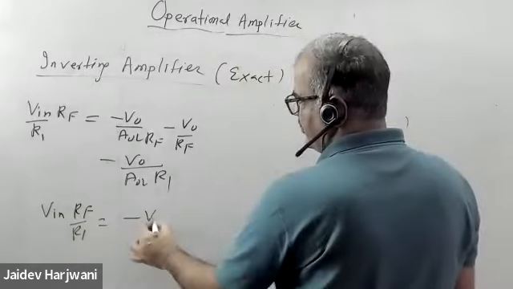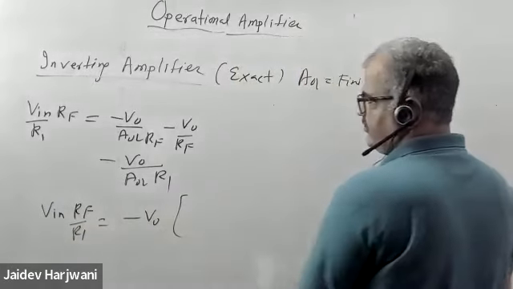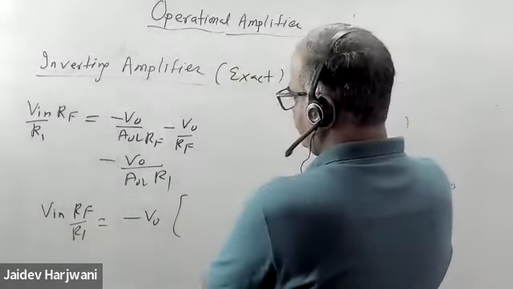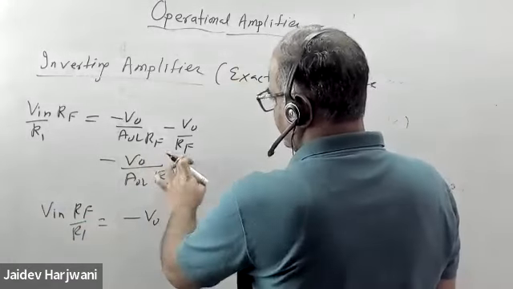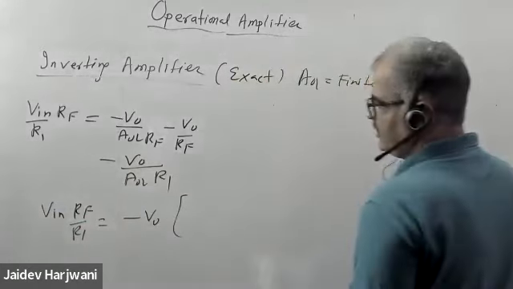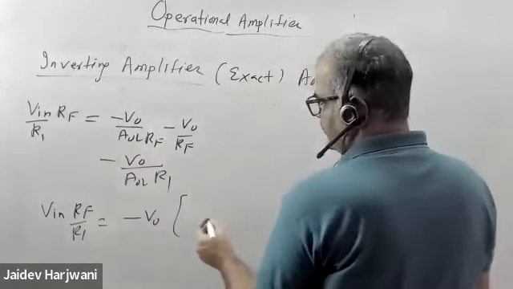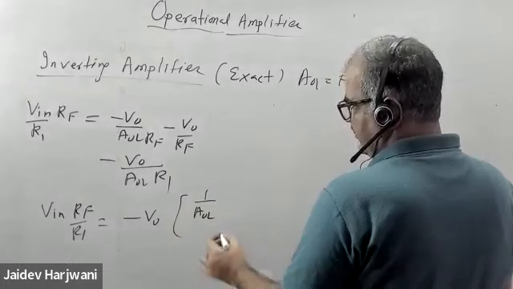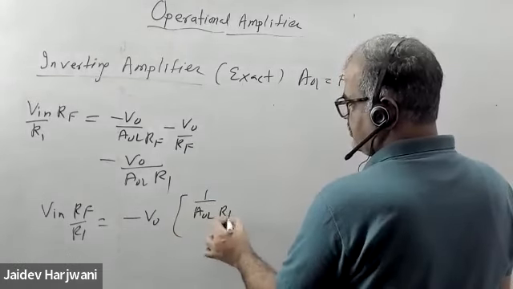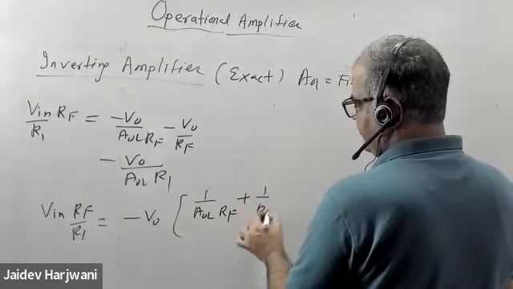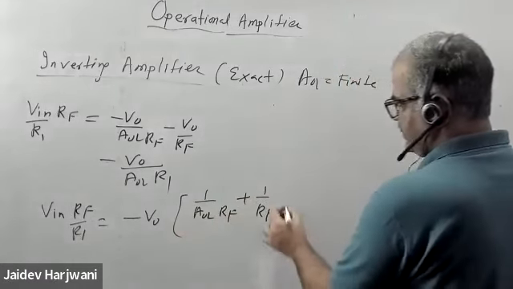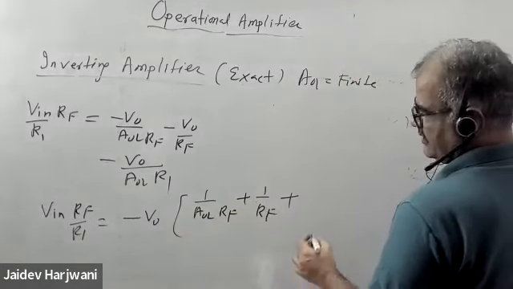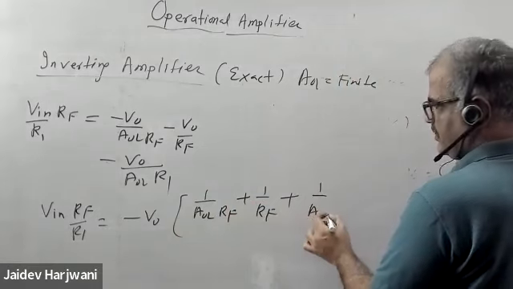Take minus V0 common. So what do you get? You get V0 times (RF upon AOL R1, plus 1 upon RF, plus 1 upon AOL R1).